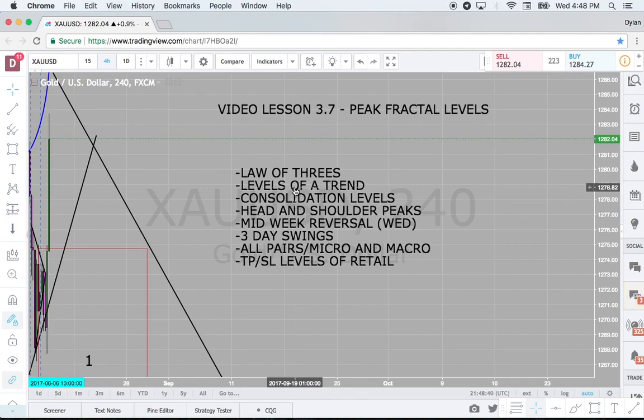You can see the levels pretty clearly, but like I said, it does work on every pair. And make sure when I'm going over these characteristics that you take notes and you start to understand and really look for these different characteristics that play out.